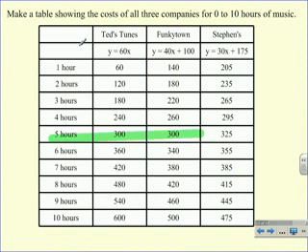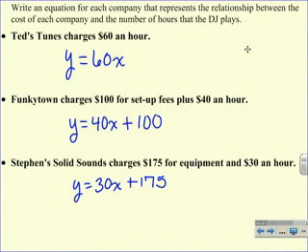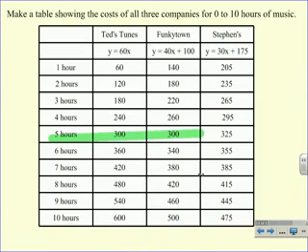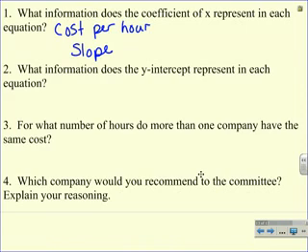So if we look back at our equations here, it'd be this right here, the 100 and the 175. What does that represent? It is the y-intercept. Let's go back to this one. Funkytown charges $100 for setup. Steven Solid Sounds charges $175 for equipment. So what can we say that that y-intercept is representing?